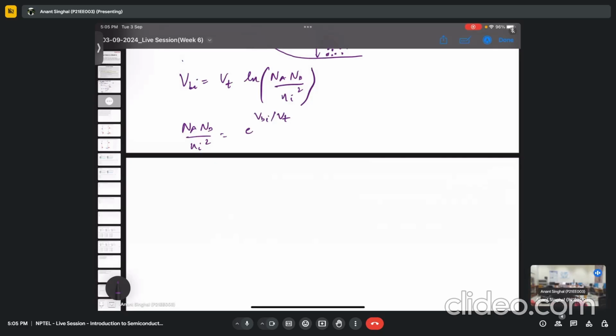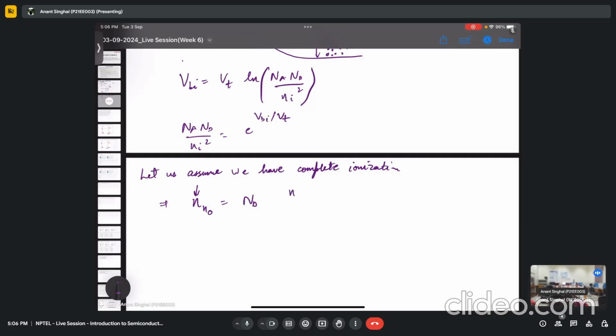Let us assume that we have complete ionization, because that is what we generally assume for all the derivations and cases. So let's say we have full or complete ionization. We know that complete ionization means that the equilibrium carrier concentration, n naught at the n side, is nothing but ND.